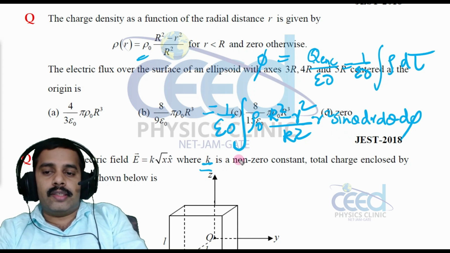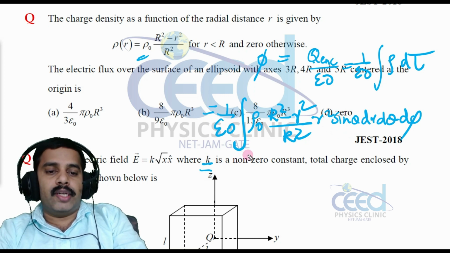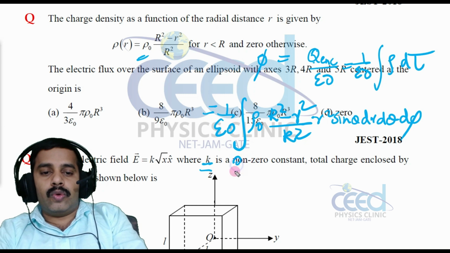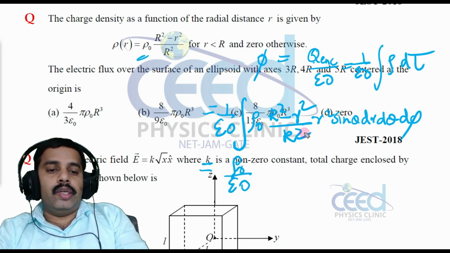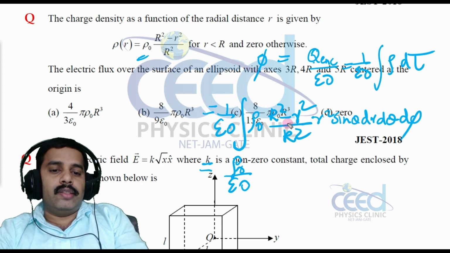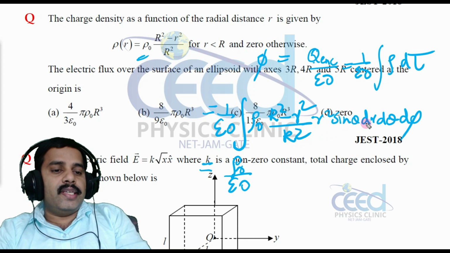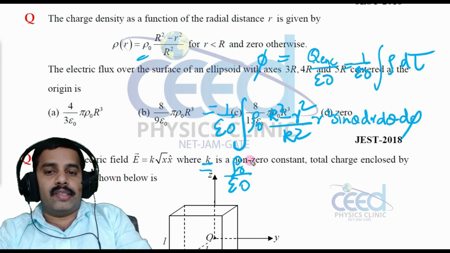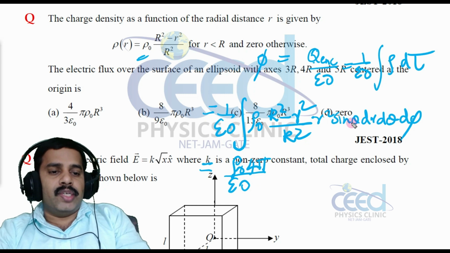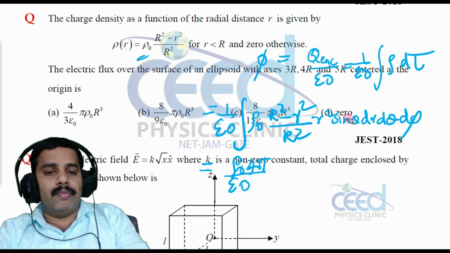So we can take rho 0 by epsilon 0 out. So rho 0 divided by epsilon 0 into, let me integrate this. Now sin theta d theta d phi on integration gives 4 pi, which we have already discussed. Sin theta d theta on integration is minus cos theta, with limits 0 to pi.